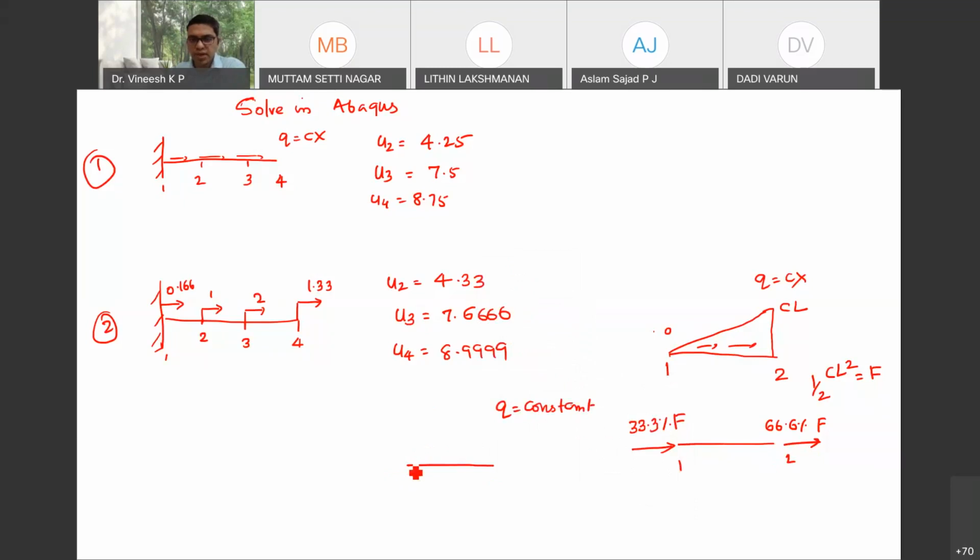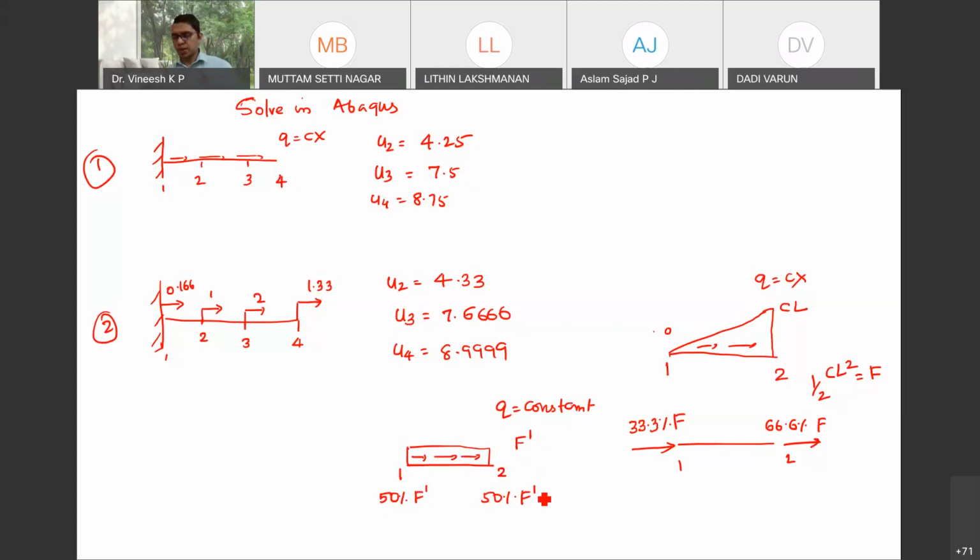Then the loading is like a rectangular shape. Now if you look at the first node and second node, let's say the total force is F dash. Then in this condition, 50% of F dash will be distributed to node 1 and 50% of F dash will be distributed to node 2.